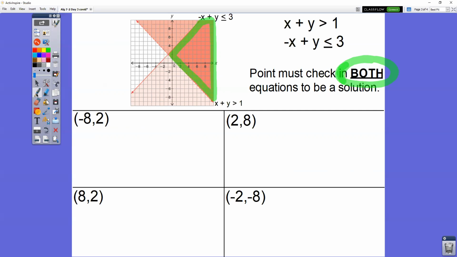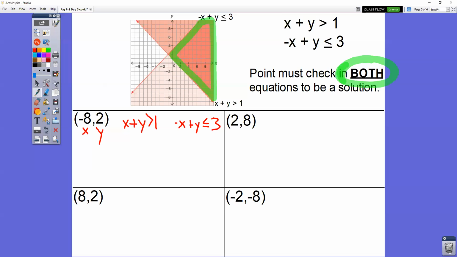So when I take a look at -8, 2, this is my x, this is my y. I have x plus y is greater than 1, but I also have -x plus y is less than or equal to 3. I need to sub it into both.